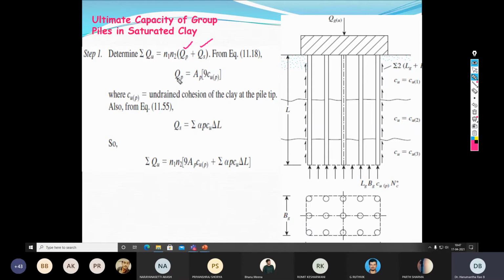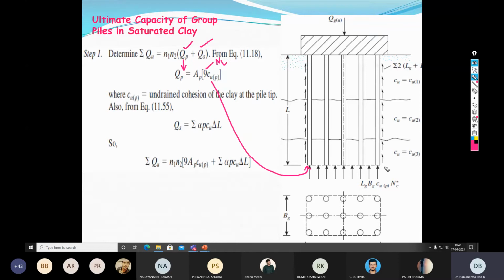Then Qp is the point bearing resistance. Qp is nothing but Ap multiplied by Nc multiplied by Cup, because you are talking about the load, capital Q. Ap is the cross-sectional area of the individual pile, Nc is the bearing capacity factor, and Cup is the undrained cohesion of the clay at the pile tip.